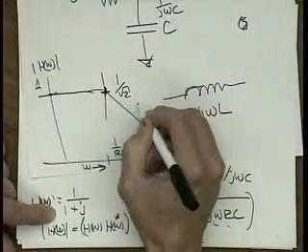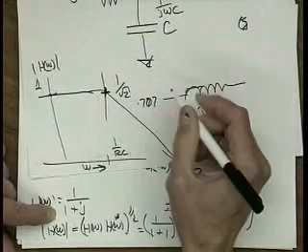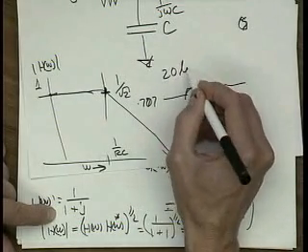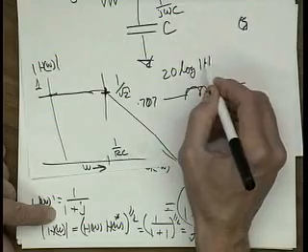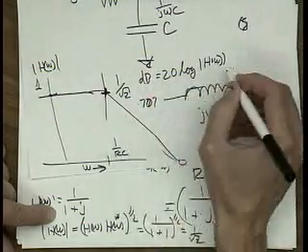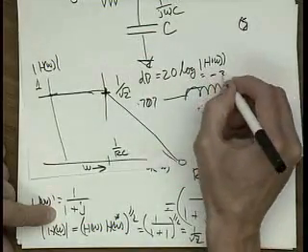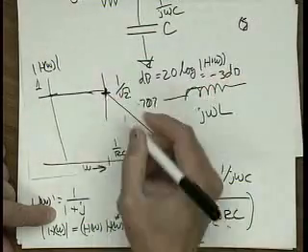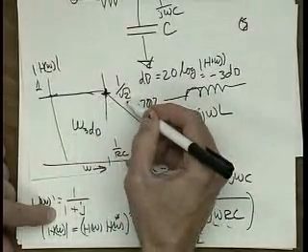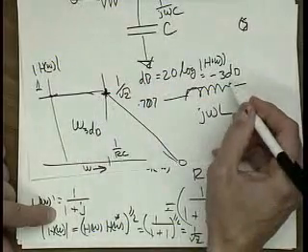So the magnitude of H of omega right at this point is 1 over square root of 2, 0.707. If we express that in dB, 20 times the log of the magnitude of H of omega, this is equal to minus 3 dB. So we call this the omega 3 dB point. It's the point where the gain has dropped by 1 over square root of 2, or minus 3 dB.